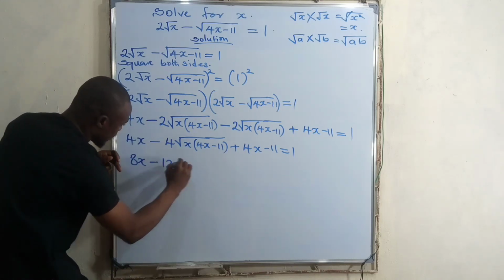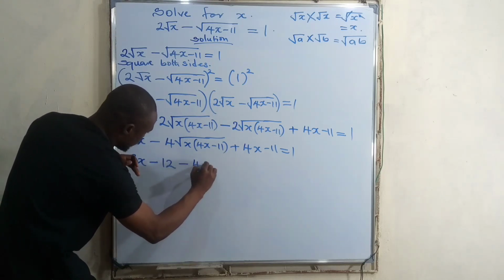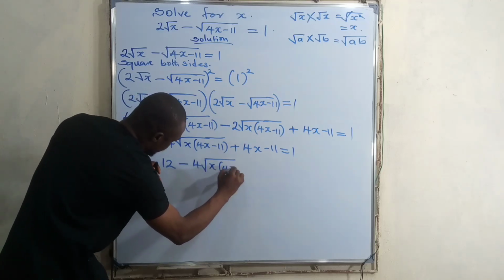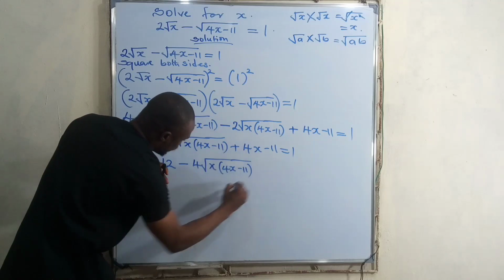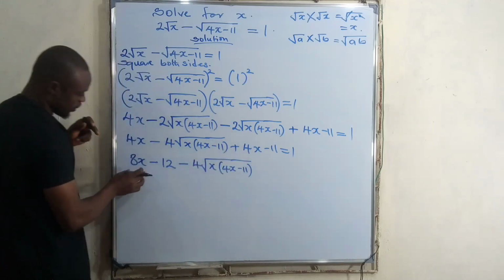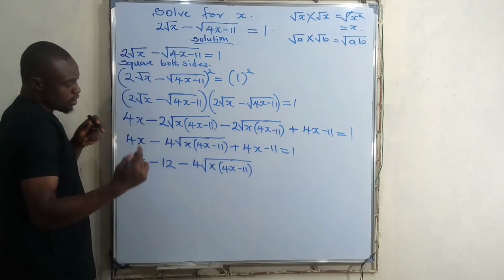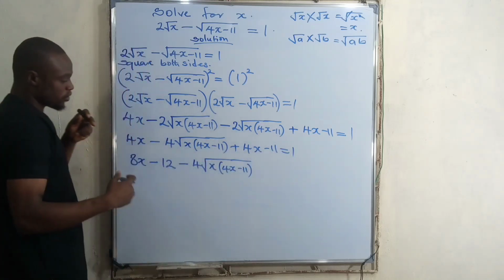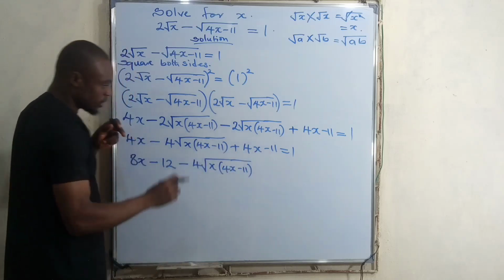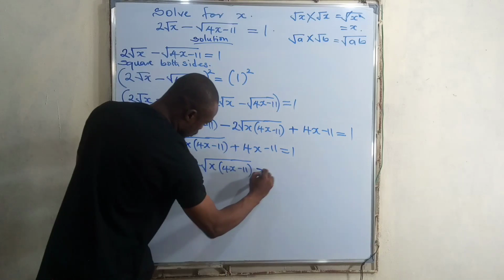So we have 8x minus 12 minus 4 root x open bracket 4x minus 11 close bracket. At this point, what I did was I added 4 and 4 to give me 8, and minus 11, since I have 1 at the right hand side, that one crosses to meet 11 and it becomes minus 11 minus 1, which is minus 12.